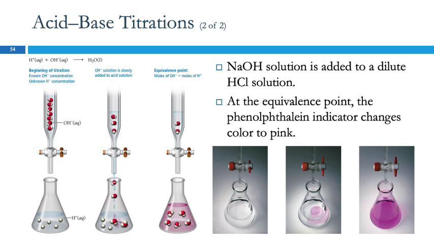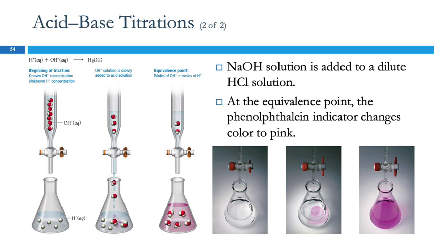They neutralize each other. And so we keep going. We have an indicator in here. So when we get to just the right number, so they all match up, it's going to turn pink. Actually, what happens is you go a teeny tiny bit past, but it's so teeny tiny that we can ignore it.